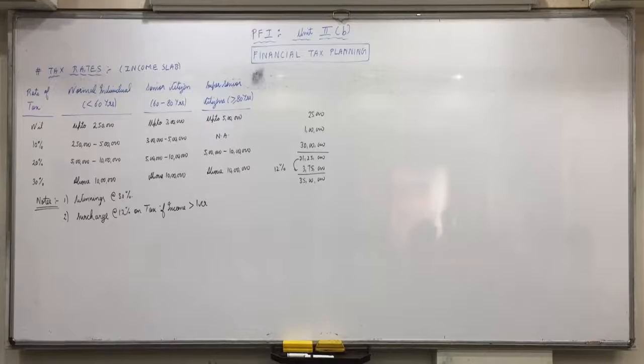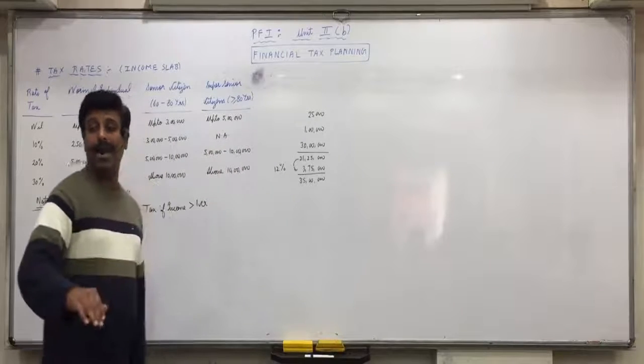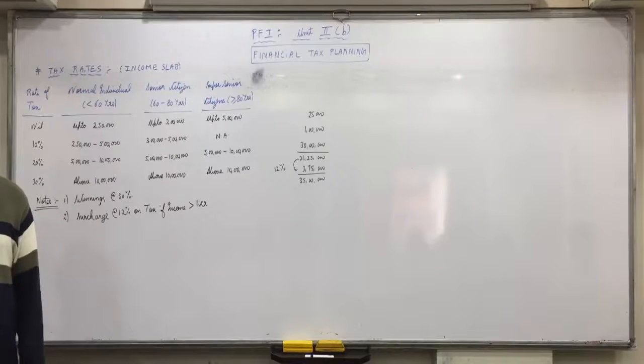Third point, 2% education cess and 1% SHE cess, that is secondary and higher education cess, is calculated on the amount of income tax plus surcharge.